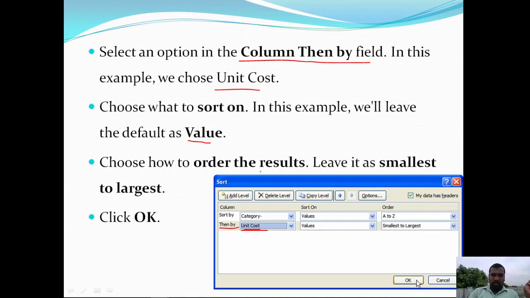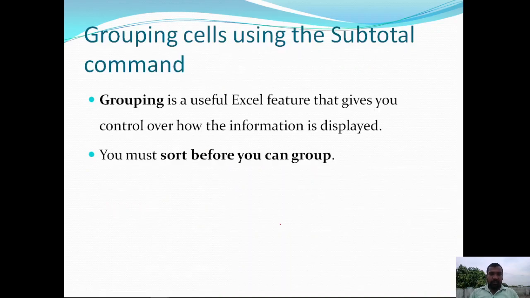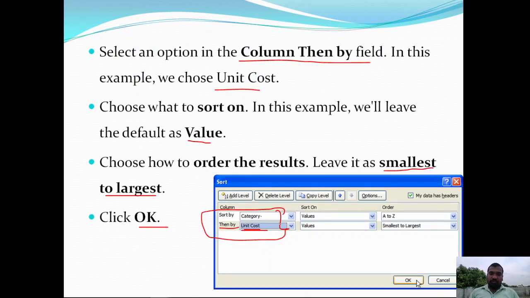Then choose how to order the results, and leave it as smallest to largest. Then click on OK. Then these two levels of sorting will be applied on that particular worksheet. So this is about sorting.